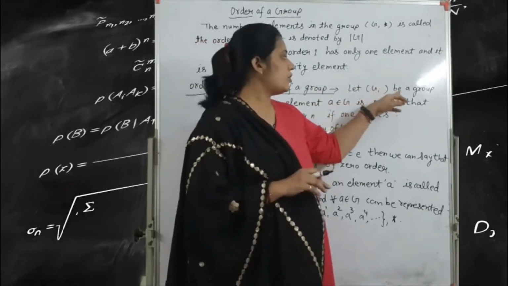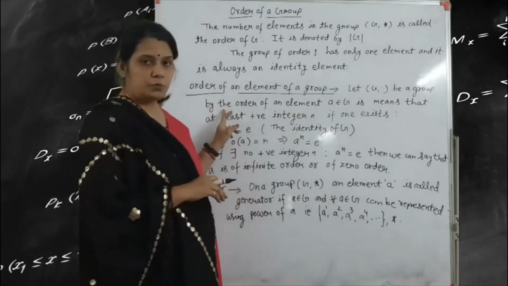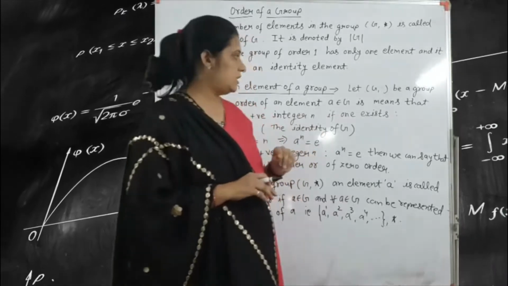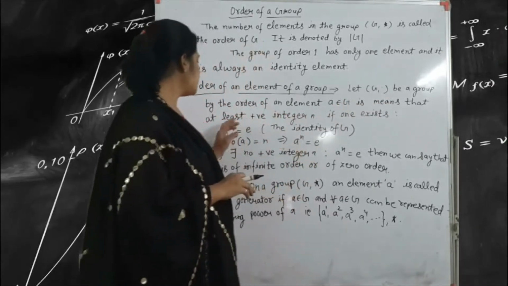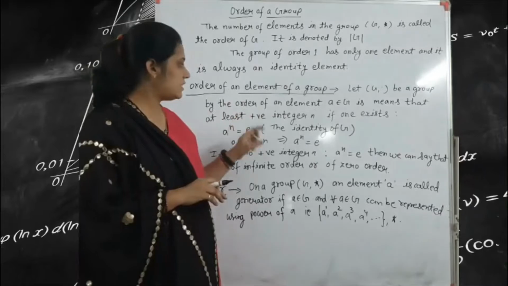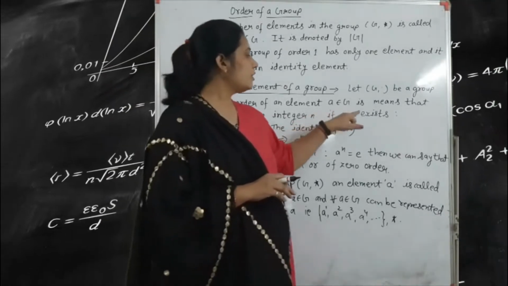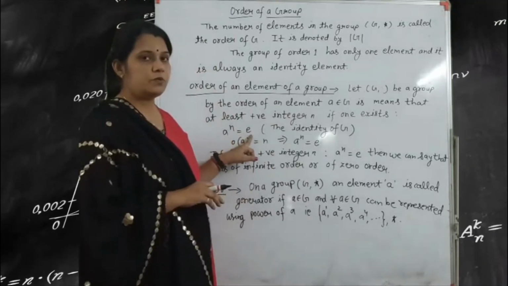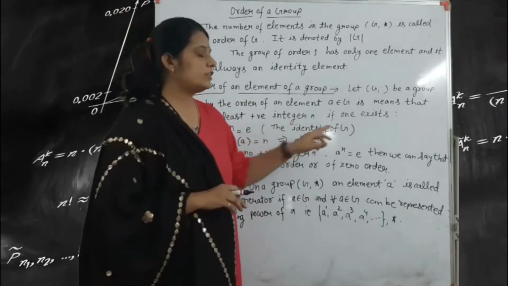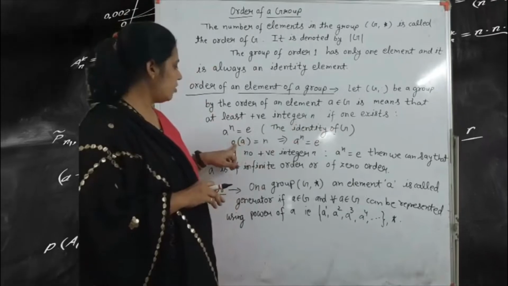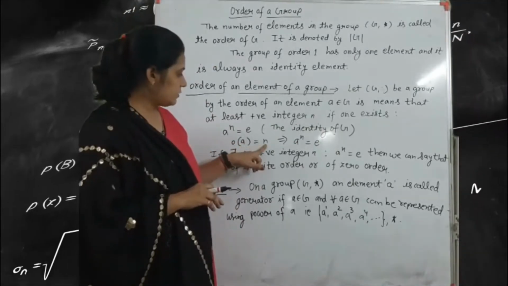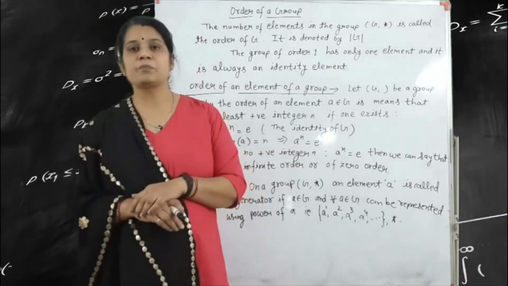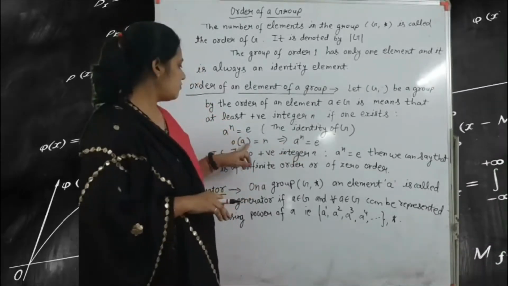The order of an element a belonging to G is the least positive integer n, if one exists, such that a raised to the power n is equal to e, the identity of G. That is, the order of a is equal to n implies a^n = e.